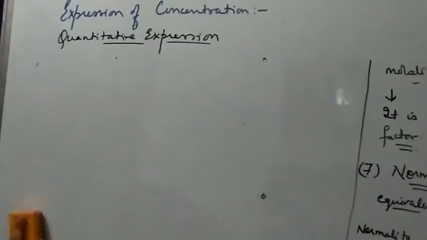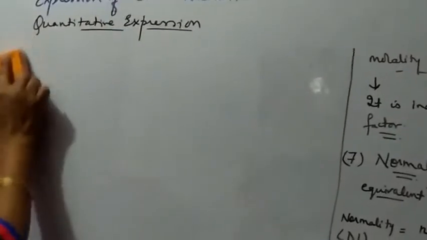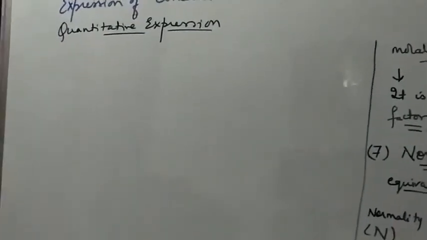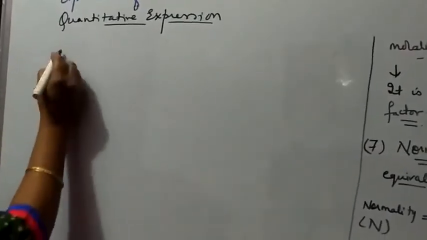To calculate the number of gram equivalent, the mass of the solute will be given to us, and second, we know its molecular mass or molar mass, right?